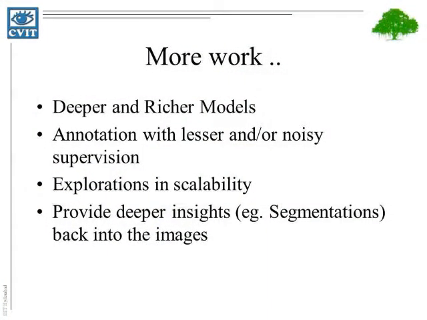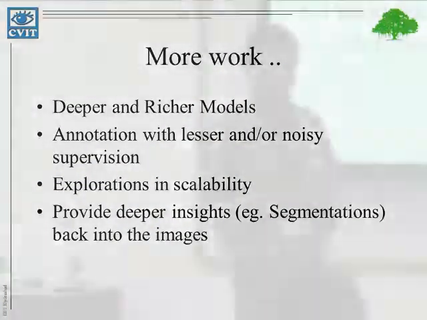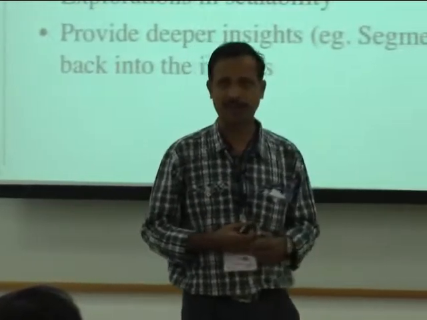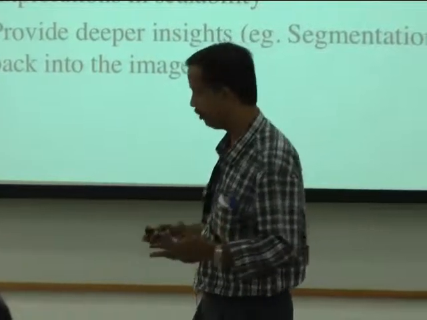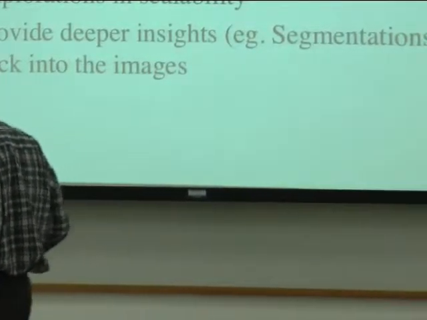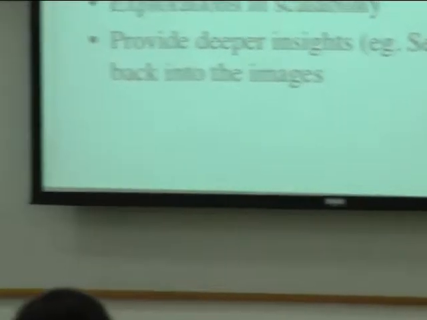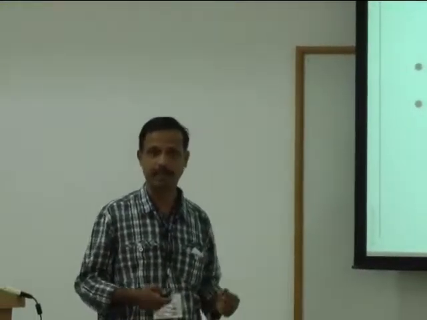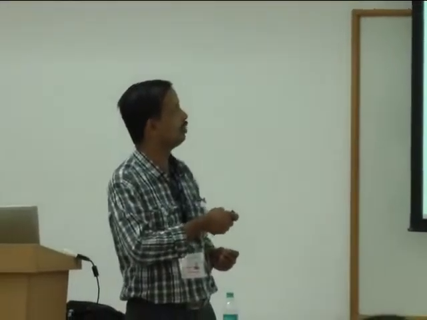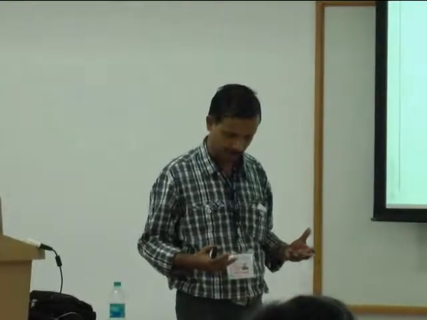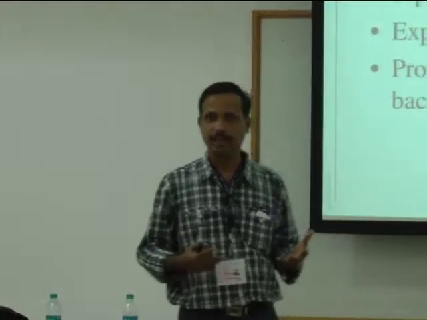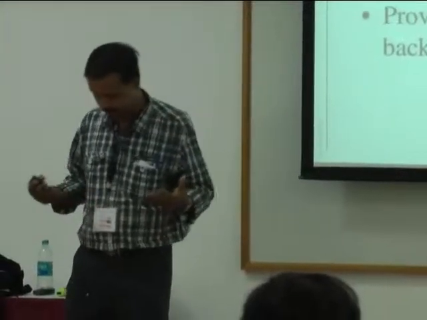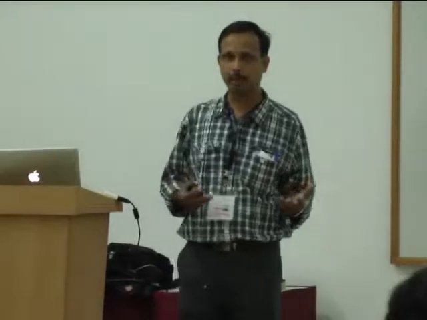What this doesn't say is that we are anywhere near anything useful or an immediately deployable system in sentence generation, or high performance or high quality meaningful description generation. There are lots of issues in this area still left. For example, the models that we use are possibly very simple, but they are intuitive, and our motivation has been that we looked at the problem a little more carefully, and we found that there are fundamental issues and many of them can be addressed with simple techniques.